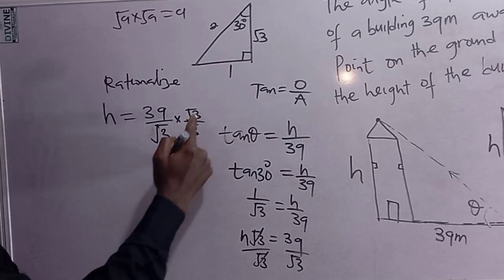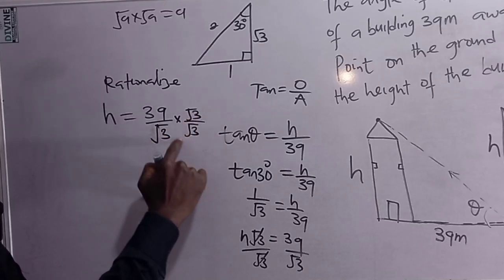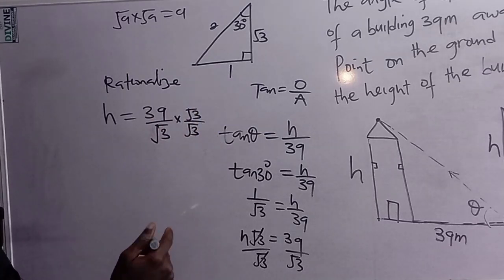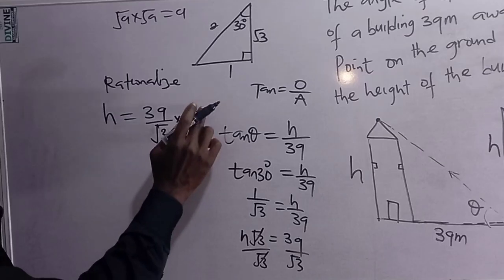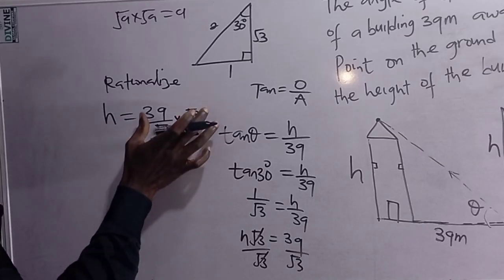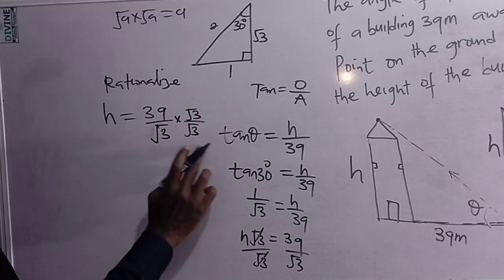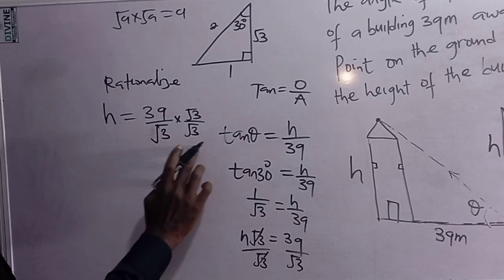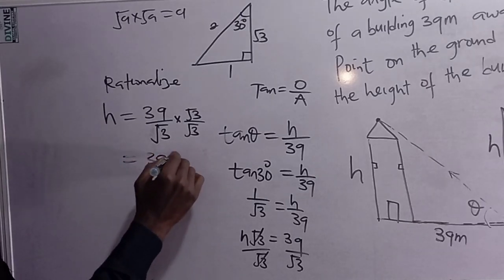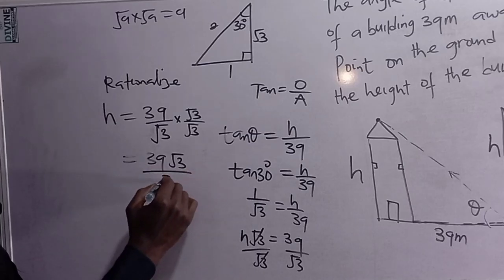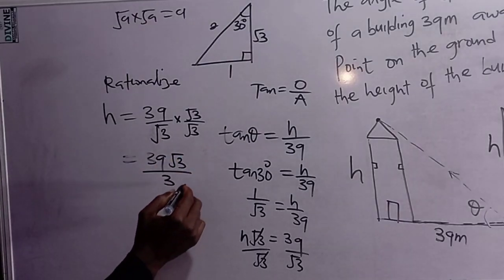But anything that is done to the denominator must be done to the numerator as well. That's why we are multiplying both the numerator and the denominator by root 3 so that the surd can be eliminated from the denominator. So now we have 39 root 3 all over 3.